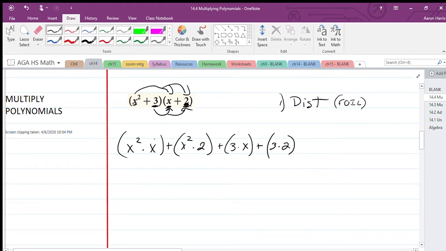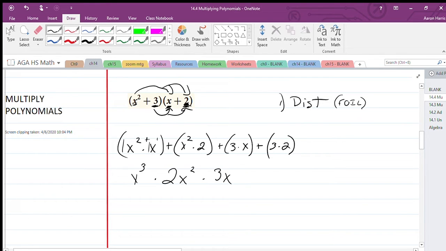Okay, so here we go. X squared times x to the first. What do we do with those powers? We add them. So this is x cubed. What's the coefficient? 1. 1 times 1 is 1, so I just get x cubed. X squared times 2, 2x squared. What about 3 times x? 3x.